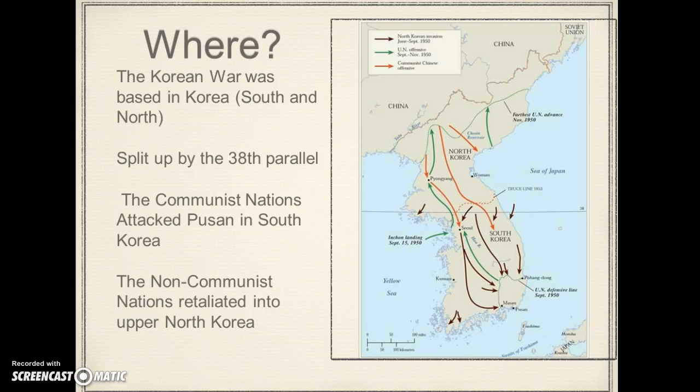And you can see that North Korea invaded South Korea in the maroonish kind of color coming down, and invading Pusan, and now the non-communist nations actually retaliated into upper North Korea. You can see them in green coming back out of Pusan and entering into northern Korea. And you can see the little green line, the furthest you had advanced.